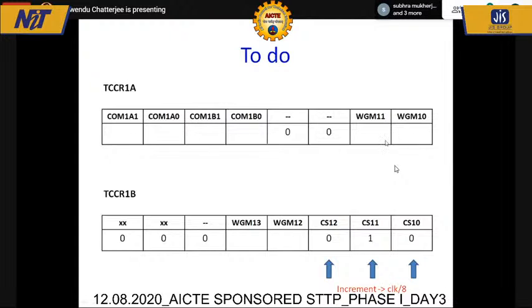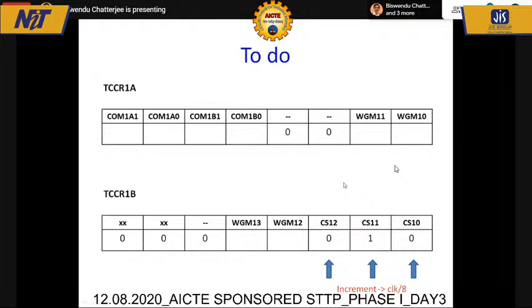The other bits that I have shown in this slide, put them blank. And first you fill the known values with the increment of clock. This is clock divided by 8. The timer 1 will increment per 8 clock pulses. This is the basic thing. So we are going to fill it with 0, 1, 0. So this part is filled.